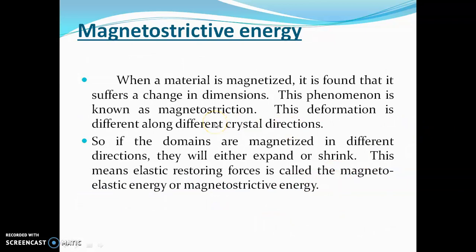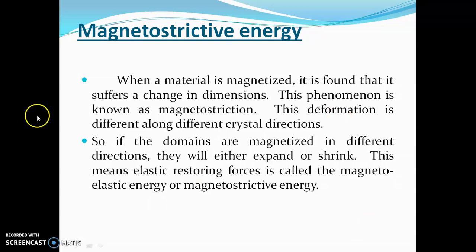Next one, magnetostrictive energy. When the material is magnetized, it is found that it suffers a change in dimension. That is, when you keep the ferromagnetic material in an alternating magnetic field, a change in length takes place.